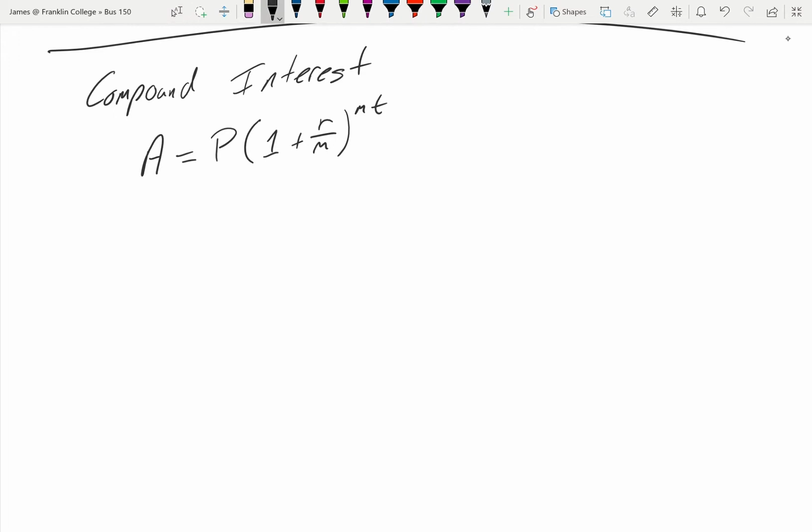Alright, so once again, we have A equals the amount in the account at the end. P is going to be our principal again, so our original investment amount. R, once again, is the annual rate.